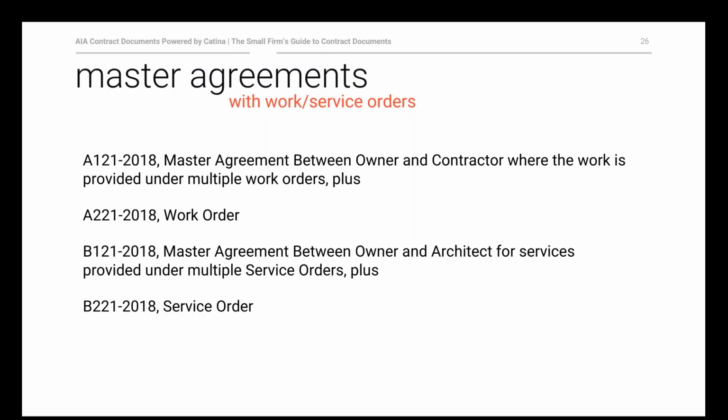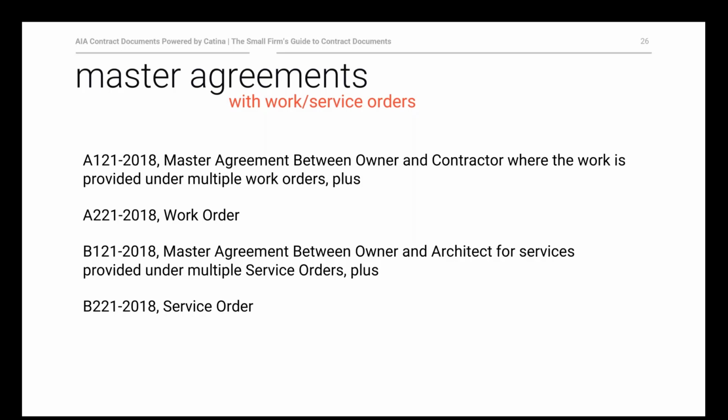And that allows the parties to have a basic working framework in place, and then all they have to do is memorialize certain key terms like the scope of the endeavor, compensation, time, etc. And they can continue to work together on various projects over the lifetime of this master agreement through the use of service orders or work orders.